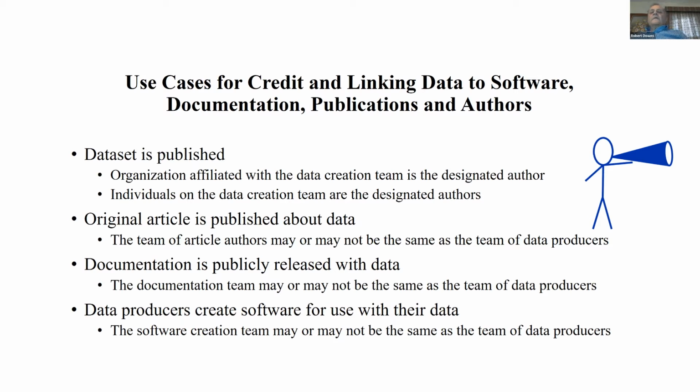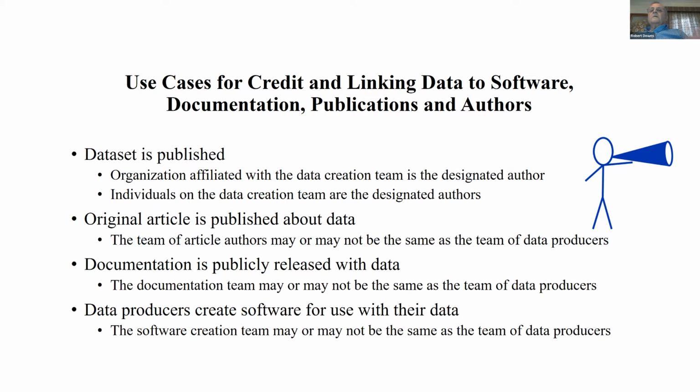Then we have a case on data documentation, where the documentation team may or may not be the same as the team of data producers. And lastly, for software, the software creation team may not be the same as the data producers.